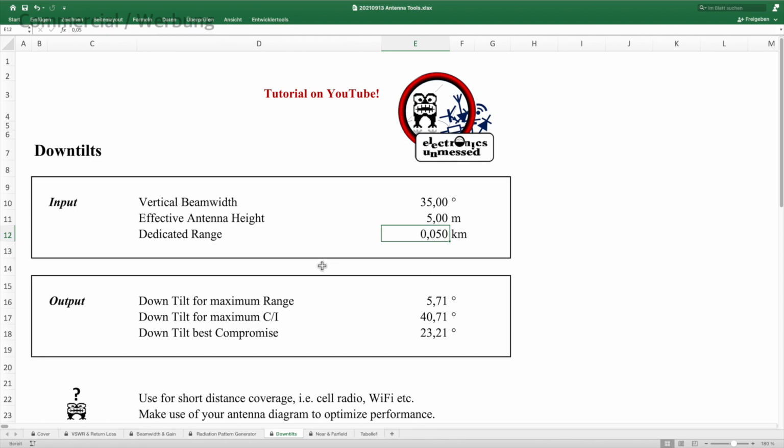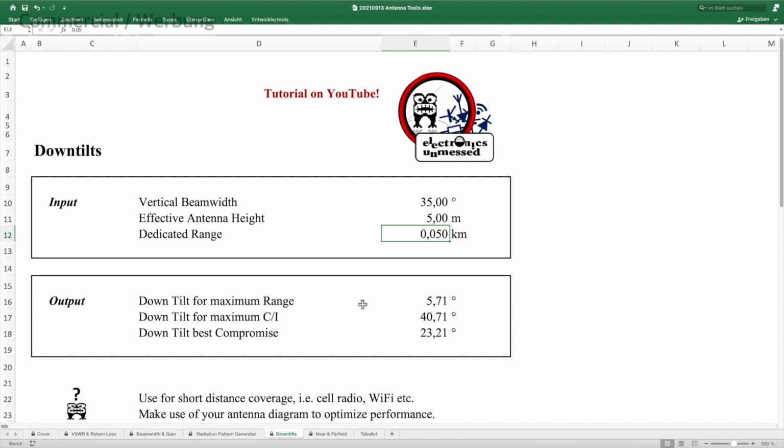From this little tool you now get a proposal to tilt your antenna. The down tilt for the best signal strength at the maximum range would be 5.71 degrees.